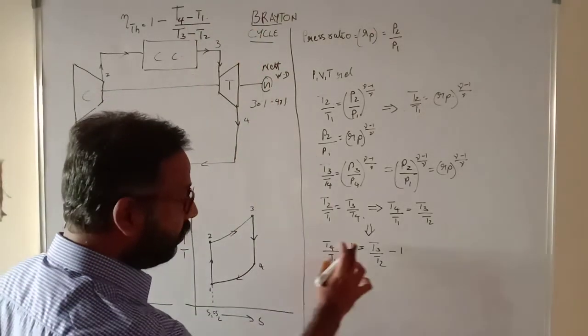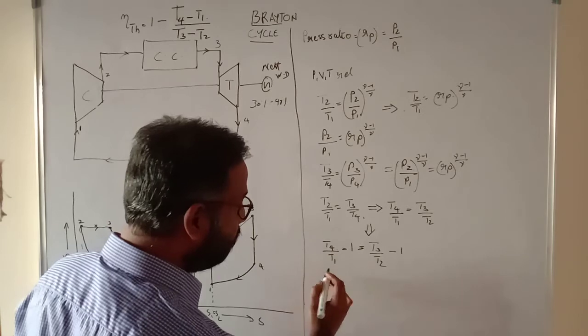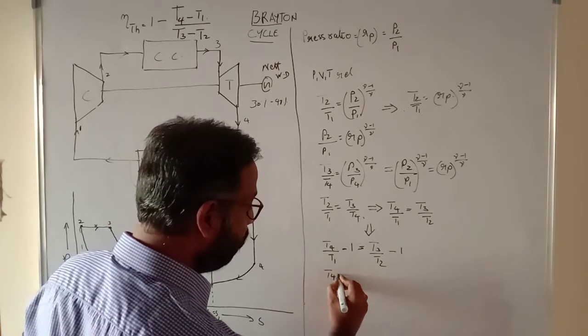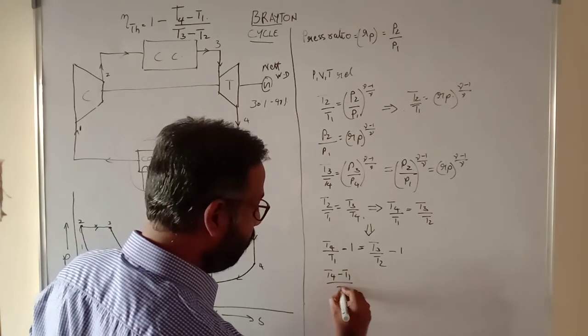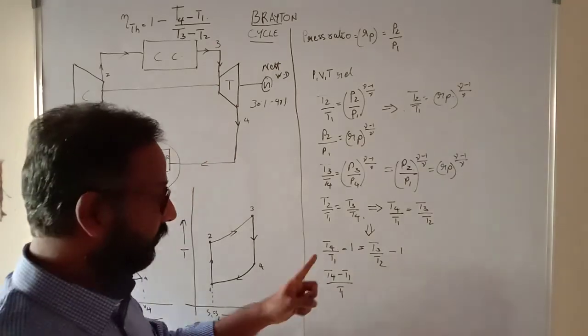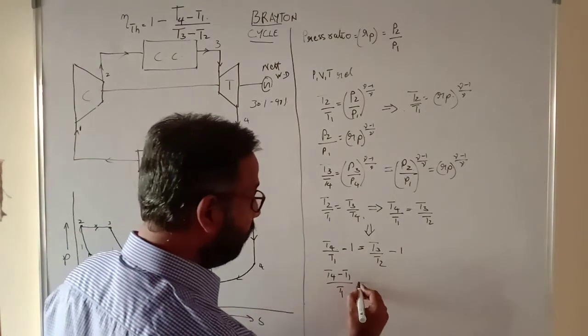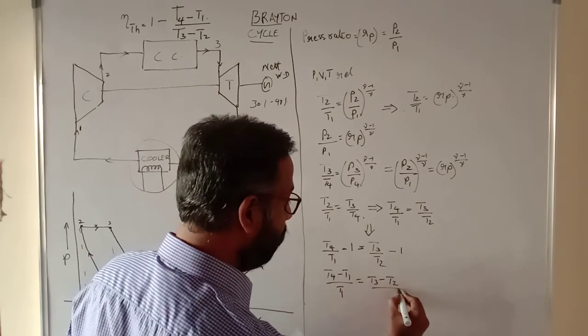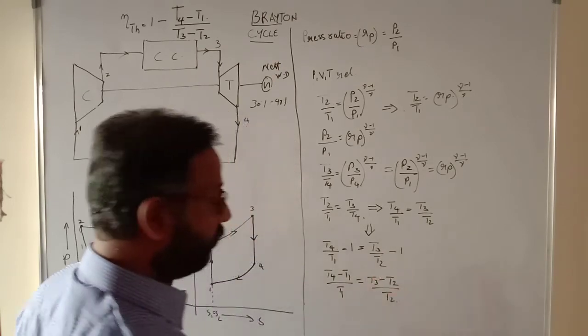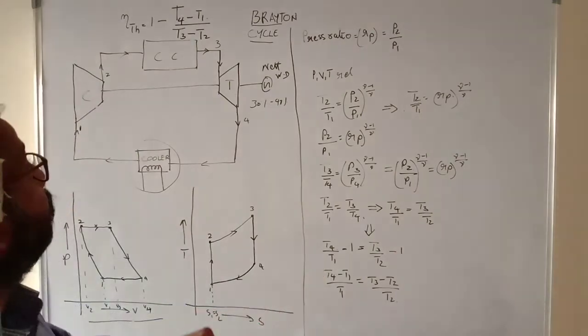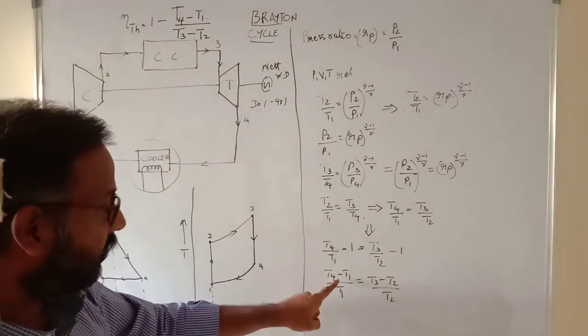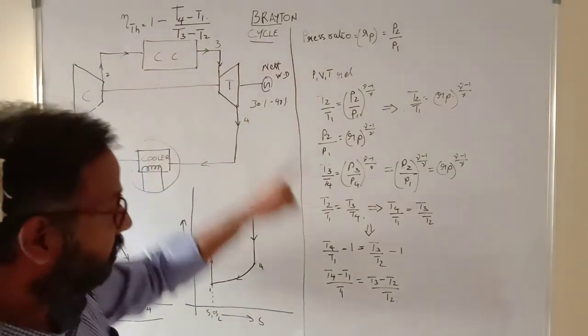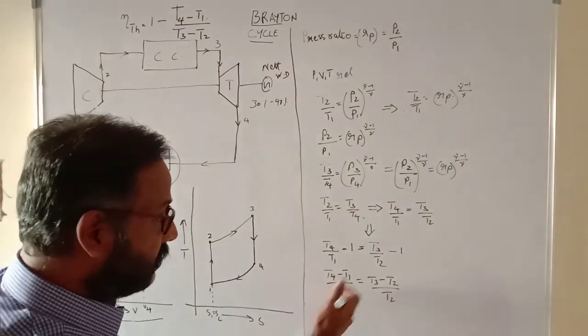So now if I take the LCM of the LHS, I will get T4 minus T1 divided by T1. And here I will get T3 minus T2 whole divided by T2. So now I got some terms: T4 minus T1 over here, and T3 minus T2 over here. Now again I will just cross multiply it.